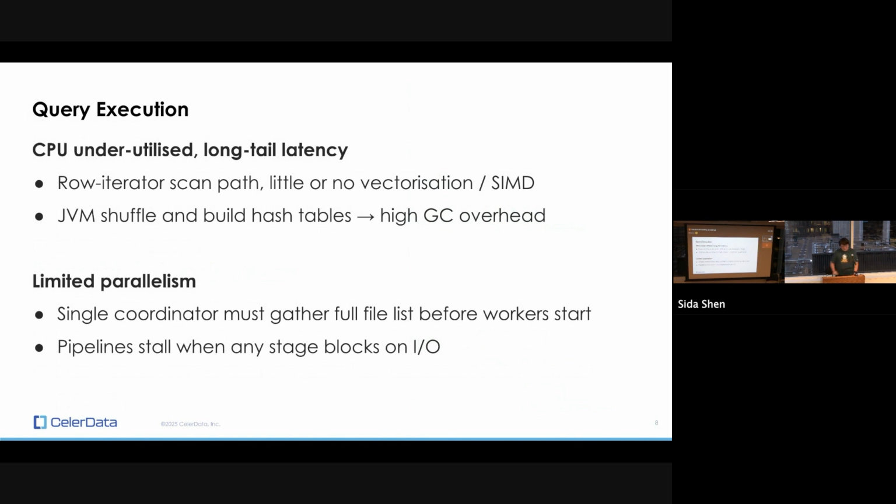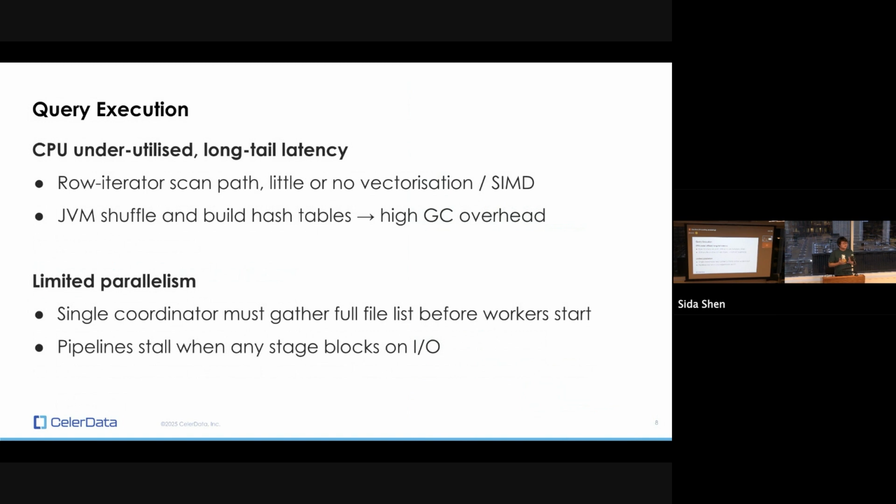And also limited parallelism. A lot of the query engines, including us just a year ago, use a single coordinator node to fetch metadata and do query planning. We use the coordinator node, not the entire cluster. That has a problem because reading Iceberg metadata is pretty expensive. For most of the query engines available today, the execution is not going to start until the entire planning phase is over.